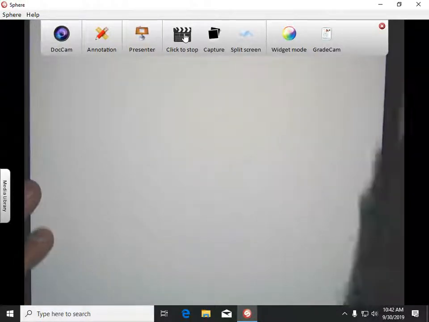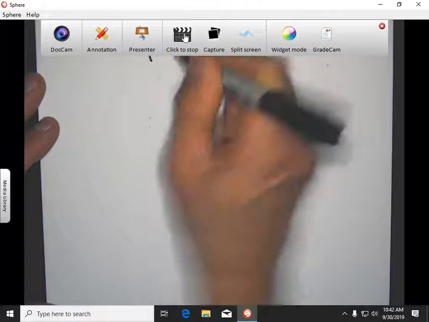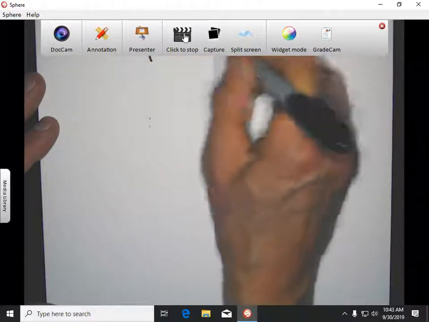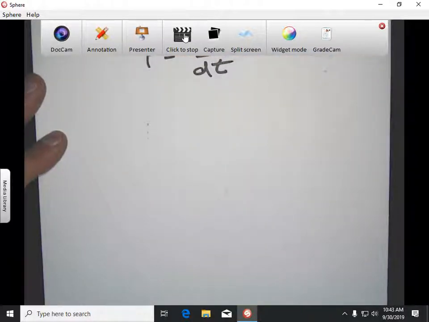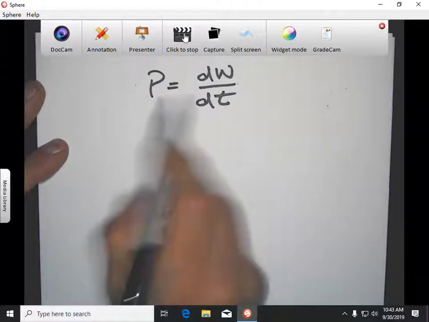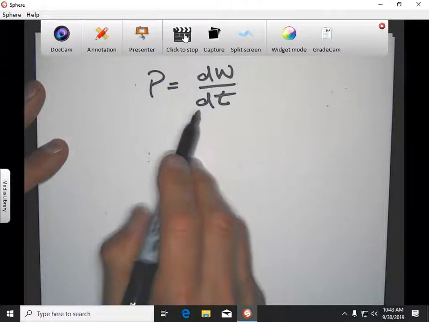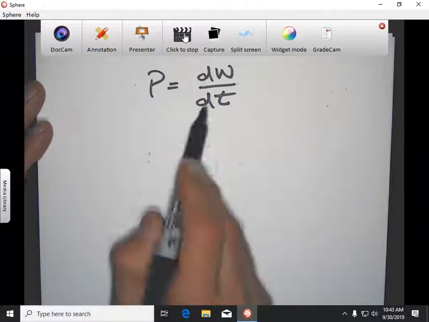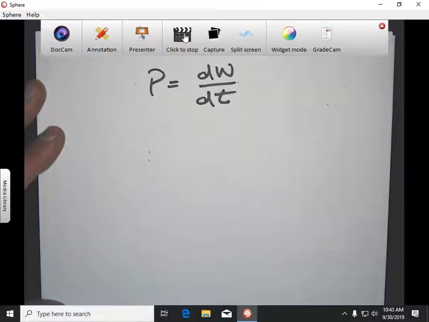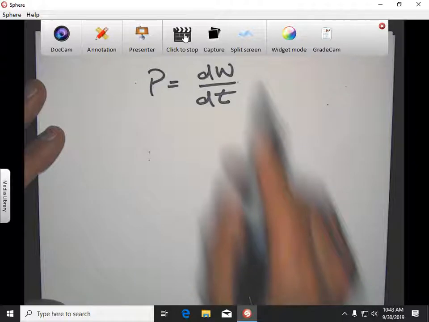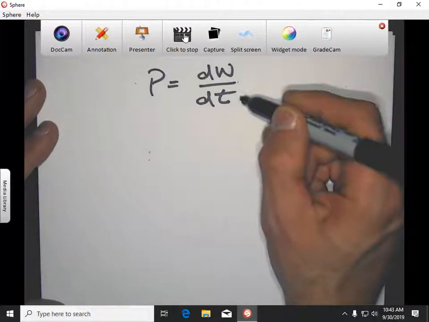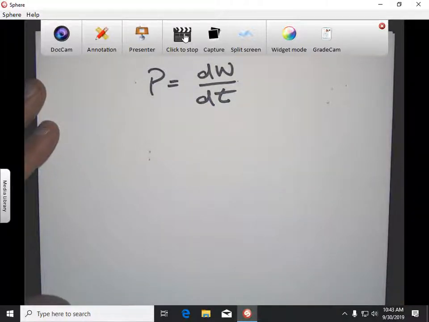One last thing I wanted to share with you also comes back to the idea of our definition of power being written as a derivative. So instead of just saying that power equals work over time, we can say it's equal to dW over dt, where these are basically calculus small values of work and time.